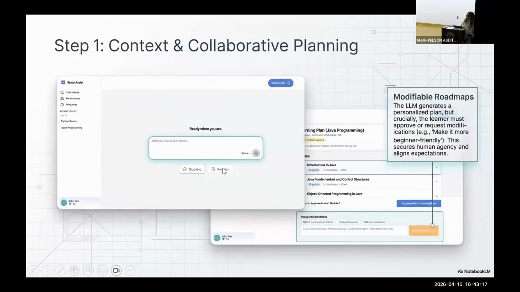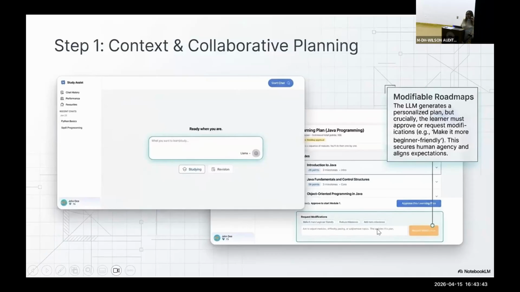So there's a studying and a revision aspect of this. The revision aspect is more after they've completed a couple of modules, a couple of topics, they can always go back and see the past quizzes they completed or even complete a new one. But for the studying one, they will enter whatever they're interested in studying, and they will get this lesson plan on the right-hand side that they can improve in any way they want.